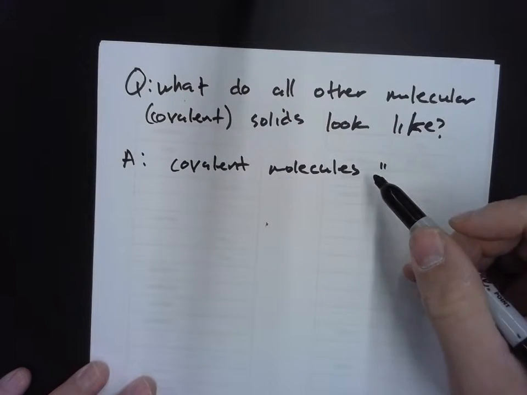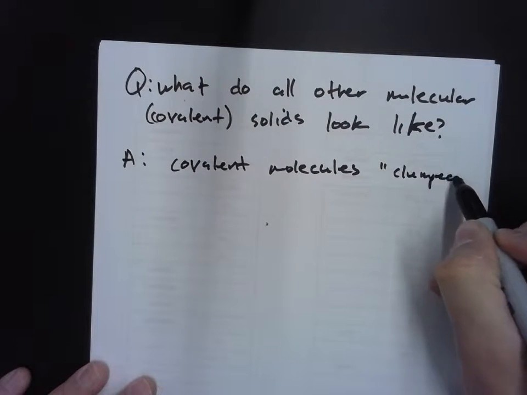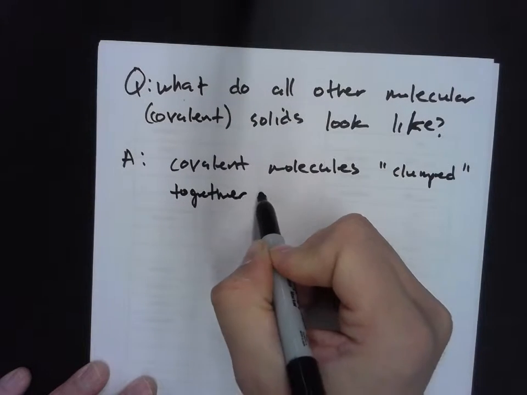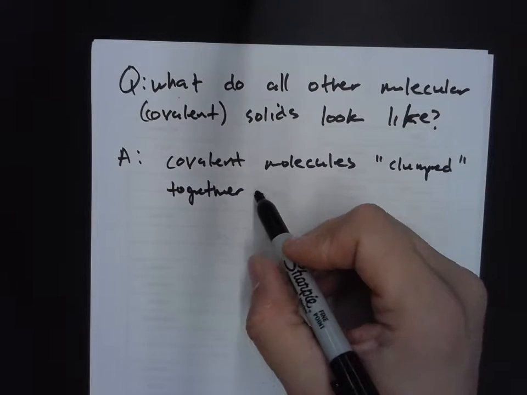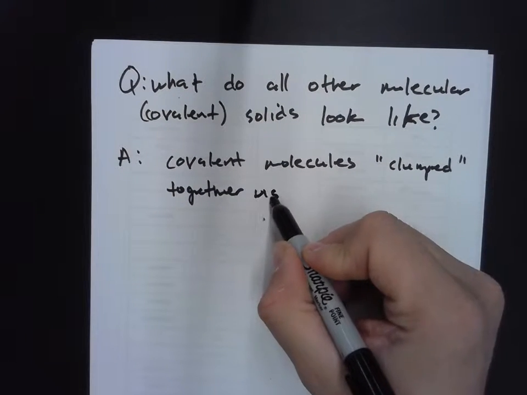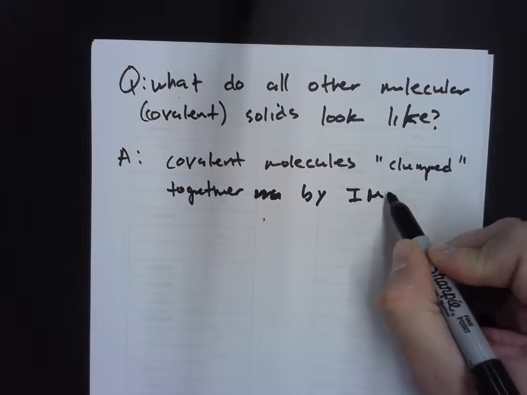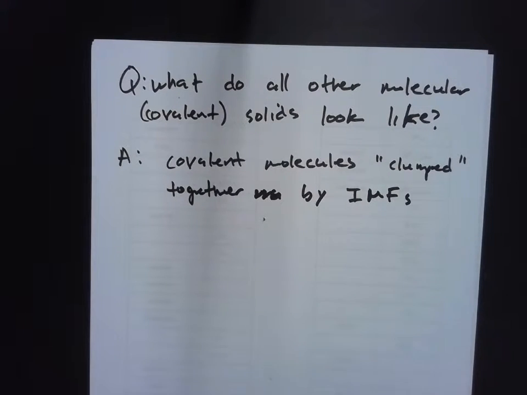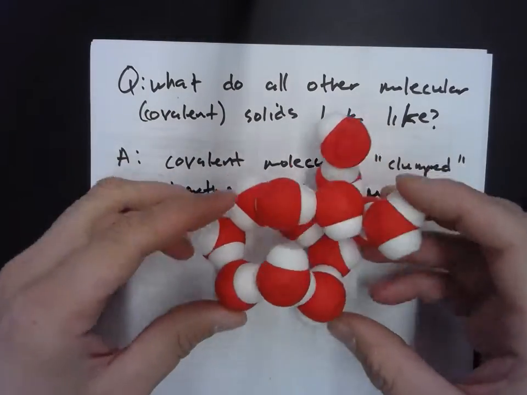We can think of them as being clumped together, clumped together by IMFs. Okay, so let's think about what that might look like. Okay, here we go. They're clumped together.